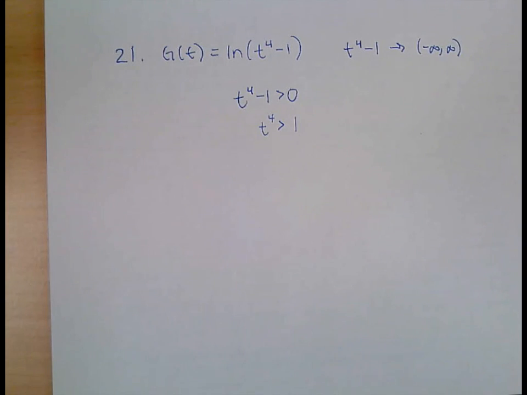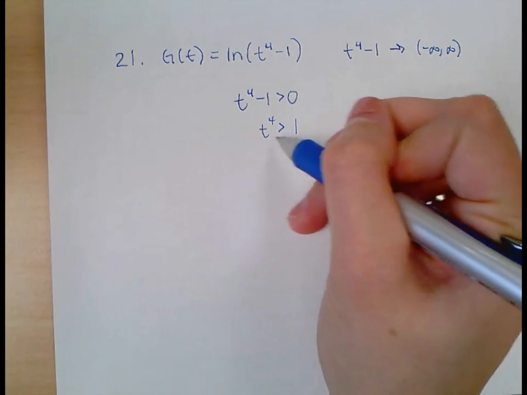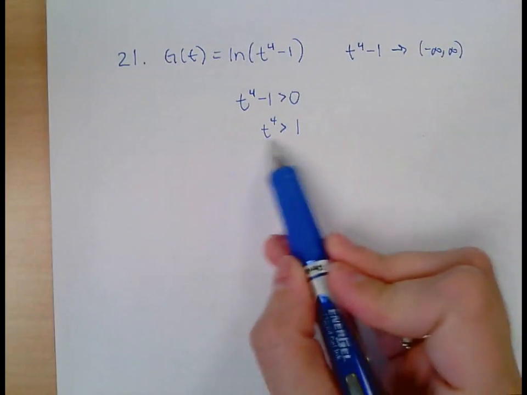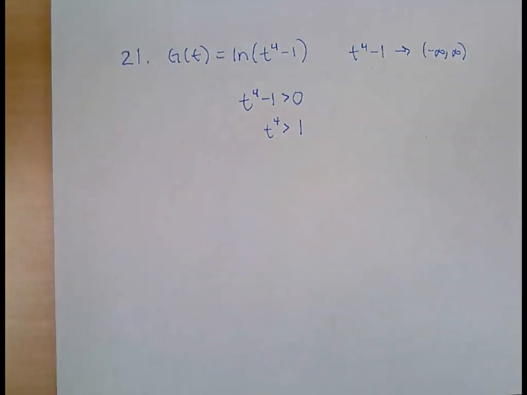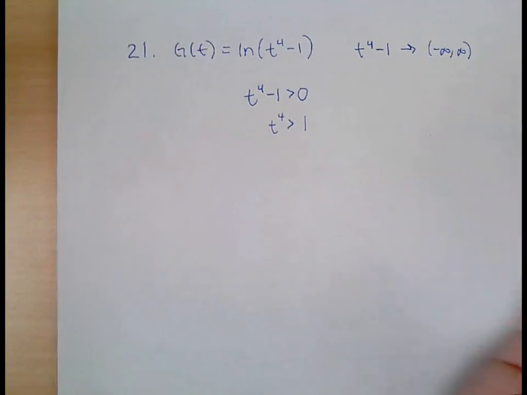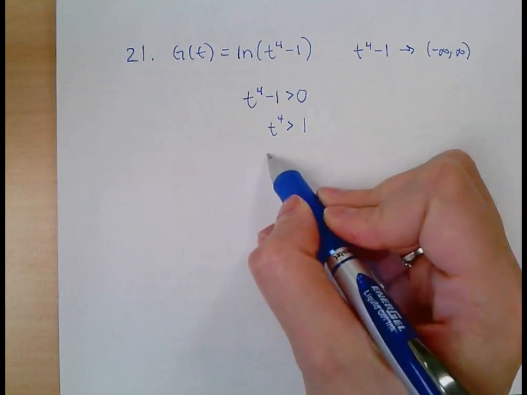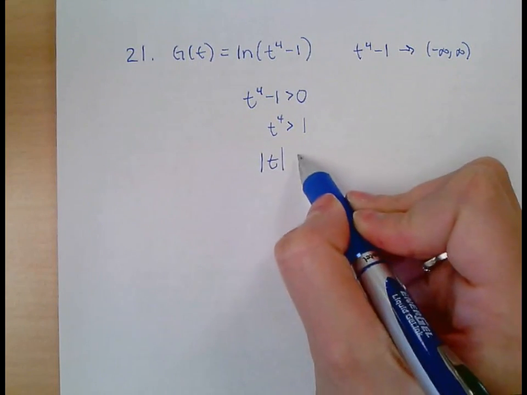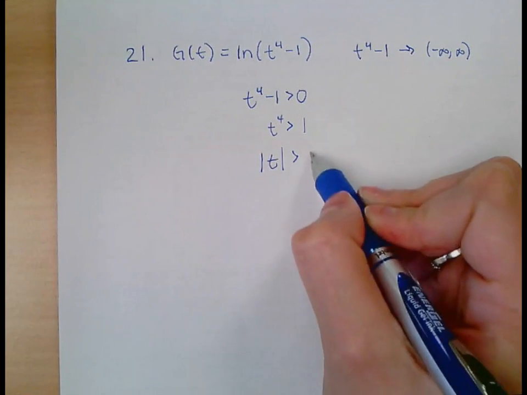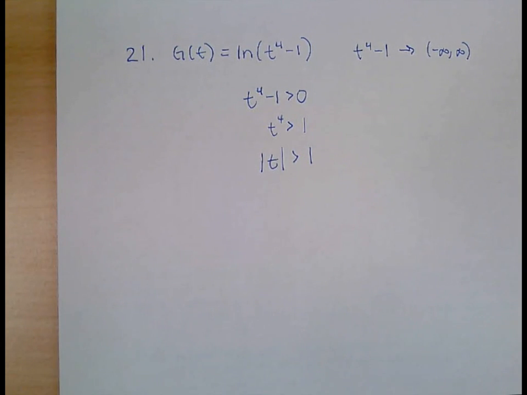And if I take the 4th root of each side, remember again, if this was an equation, I would say t is equal to positive or negative, but I can't use that same reasoning with inequalities. So I would say the absolute value of t would have to be greater than the fourth root of 1, which is still 1.